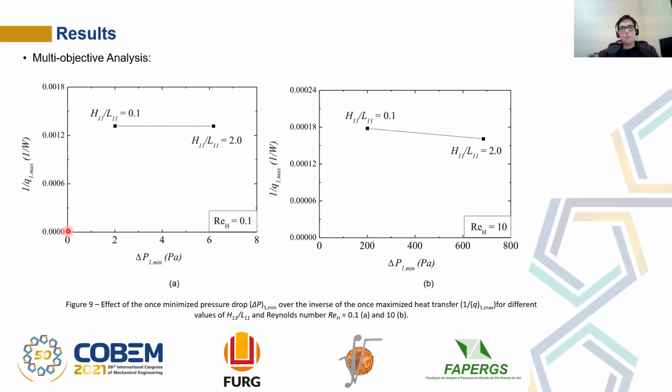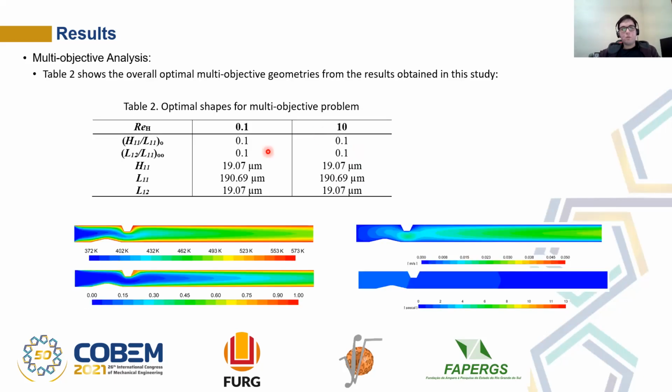In that way, the geometry that's closest to the zero point is the best one. In this case it is 0.1, and here again 0.1 is the best geometry from the multi-objective perspective. This geometry of 0.1 for both ratios is actually the same optimal geometry from the fluid dynamics perspective.